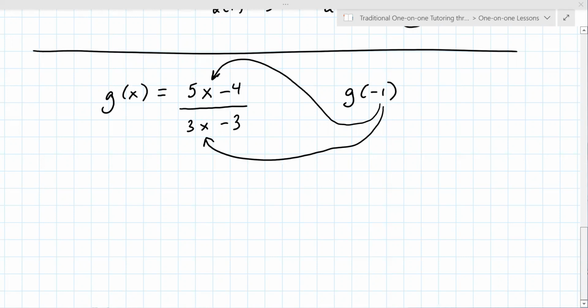Okay, that is not correct. Let's do it together. So 5 times -1 minus 4 over 3 times -1 minus 3.